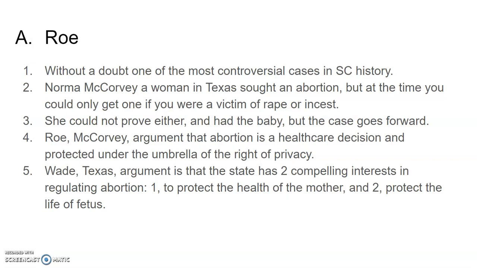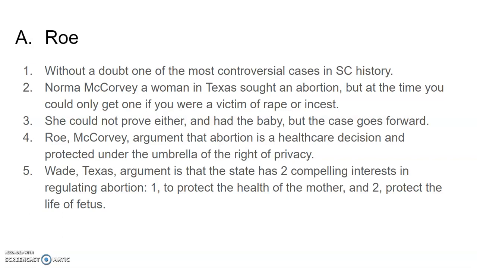She brought it to court. Roe, that was her side, was arguing that abortion is a vital health care decision and falls under this right to privacy. There's really no other medical procedure where the government can come in and say, no, you can't have this procedure, only in certain instances can you have it. So that was their argument.